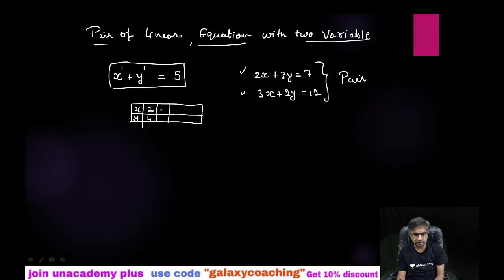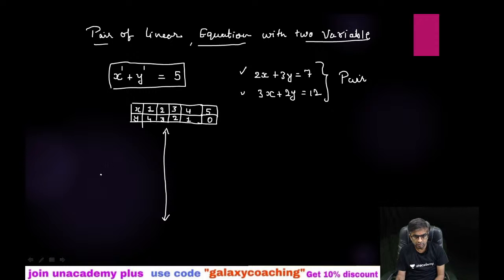If you are assuming x 2, then y 3, x 3, then y 2, if x 4, then y 1, and if x is 5, then y will be 0. So this way we were finding the solutions, and we were representing that on graph, and we were getting infinite solutions of any linear equation with two variables.